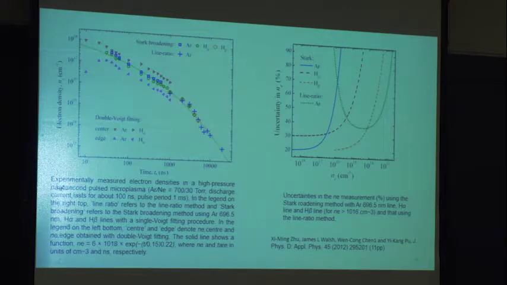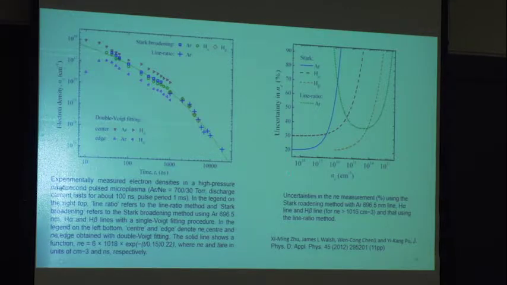Then when they go to a much lower electron number density, they use the line ratio of argon. So from hydrogen Stark broadening to the line ratio, they use these emission methods to measure the electron number density at different magnitudes.